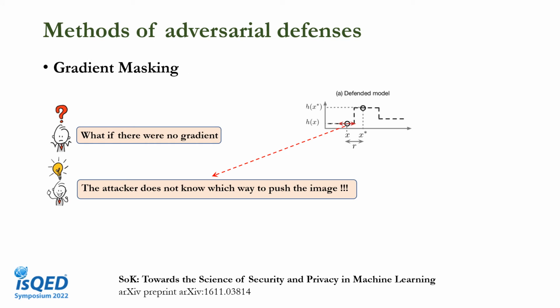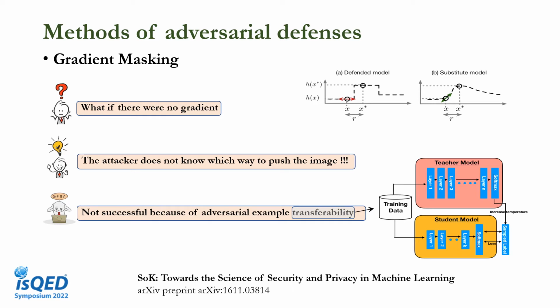Gradient masking is one of the proposed defense methods. The intuition behind it is, what if the gradients are smooth and small, so that the attacker cannot use them for launching their attack? However, there are some attacks that don't need a gradient to be launched.